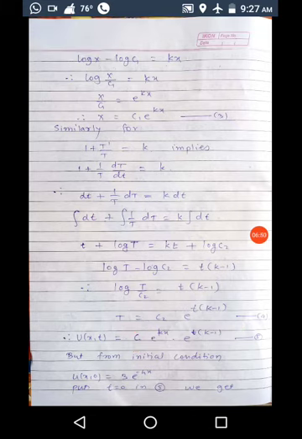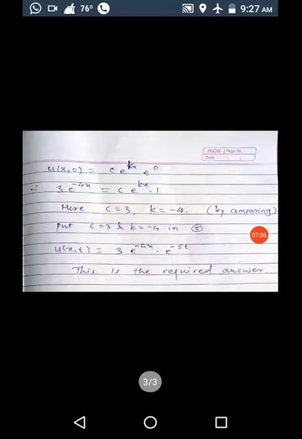But from the initial condition, we have u(x, 0) equal to 3e^(-4x). Put t equal to 0 in equation 5. We get u(x, 0) equal to c e raised to kx into e raised to 0, and e raised to 0 is 1.